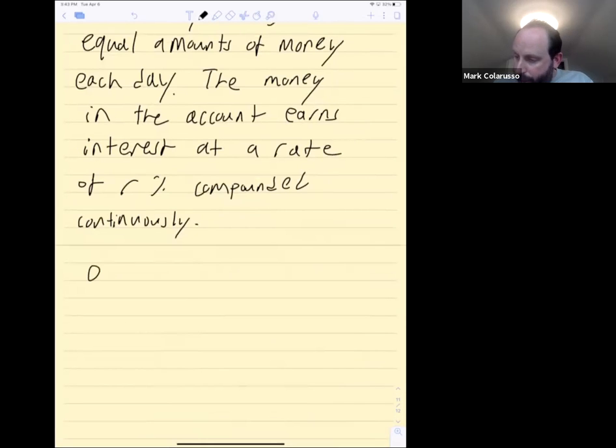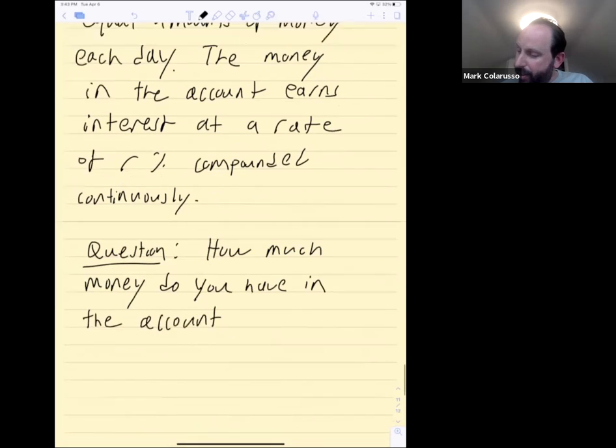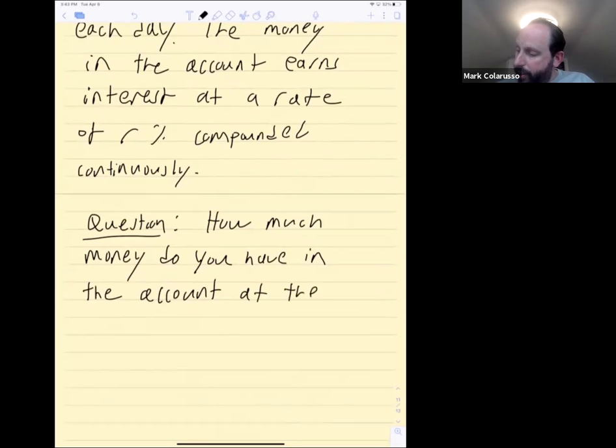Okay, so the question is, how much money do you have in the account at the end of the N-year period of capital N years? That's what we want to try to address.